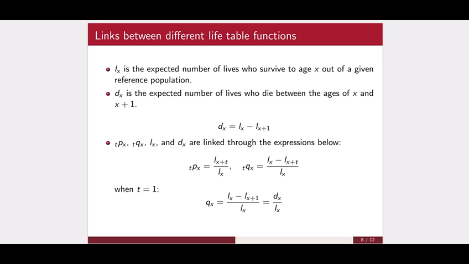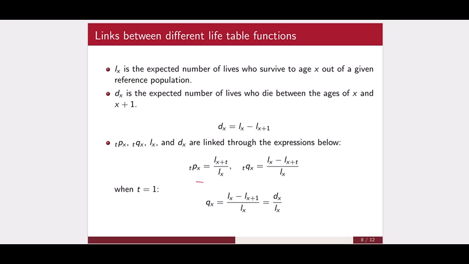Now, tpx, tqx, Lx and dx are linked through the different expressions given. For example, tpx can be found by the L functions as Lx plus t over Lx. A tqx can be found by Lx minus Lx plus t over Lx.